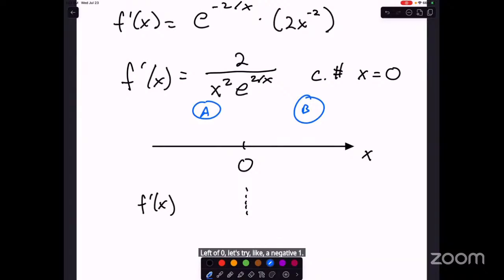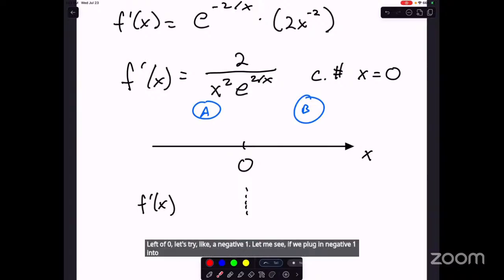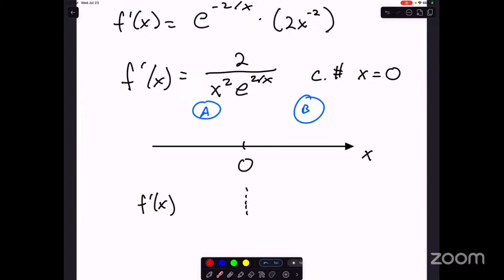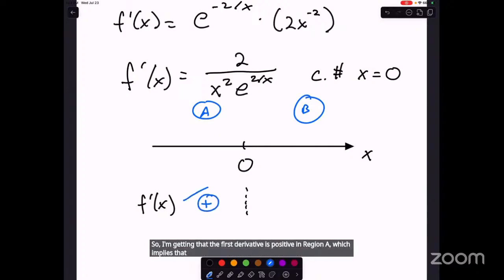If we plug -1 into this first derivative, this guy here is going to be positive, -2, this is going to be positive. Everything is positive. So I'm getting that the first derivative is positive in region A, which implies that the original function is increasing.